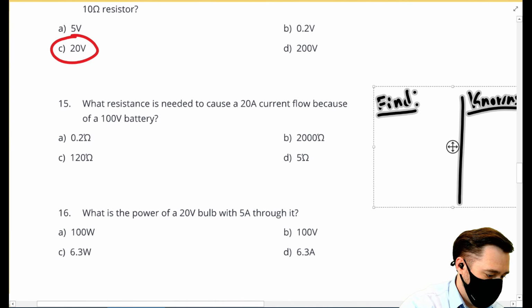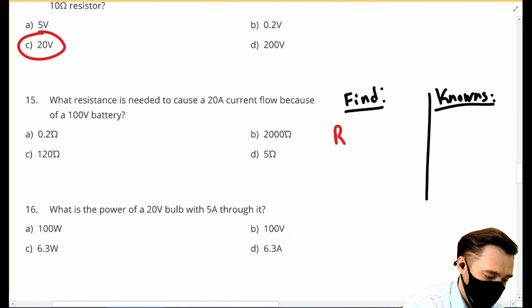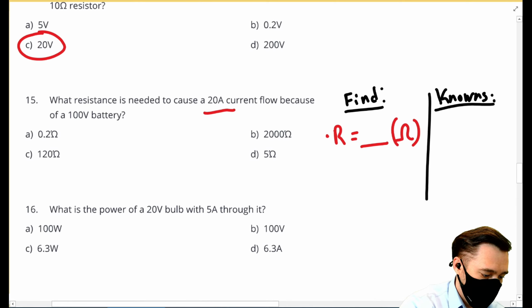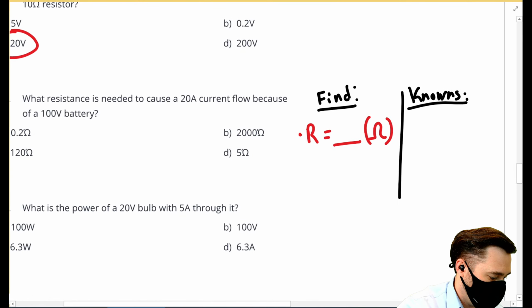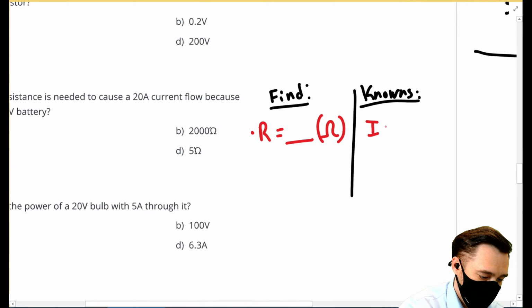All right, number 15. What is the resistance? So I need to find R. And that's going to be in ohms. To cause a 20 amp current flow because of a 100 volt battery. So current is equal to 20 amps.